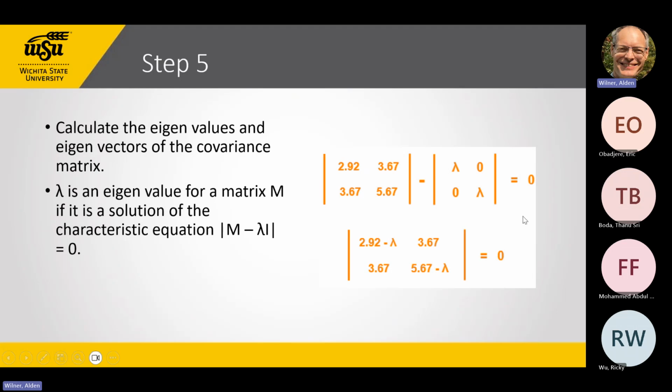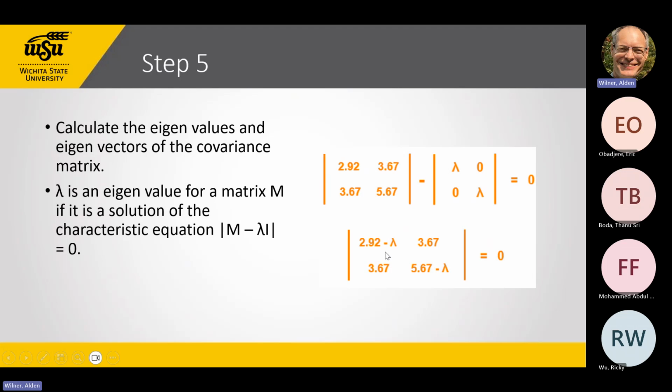We subtract our matrix where everything is zeros except the main diagonal. And there's some value that we can subtract that will satisfy the equation. So the solution of our equation is this minus this equals 0.